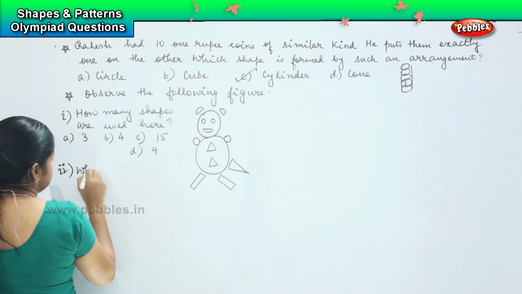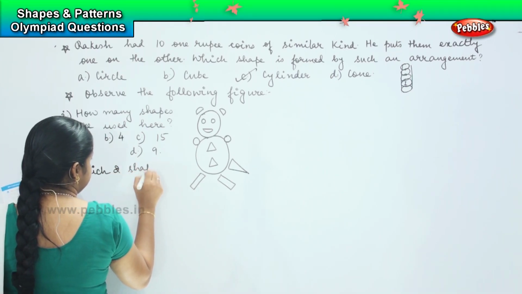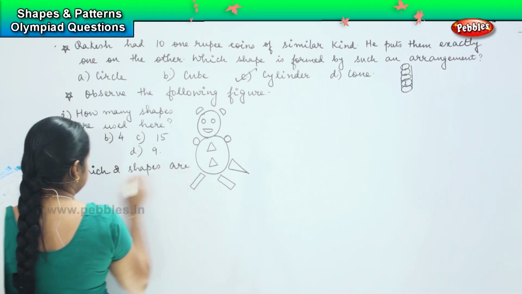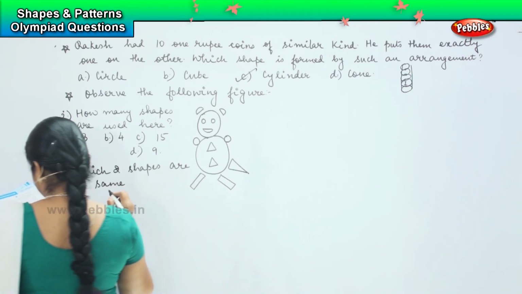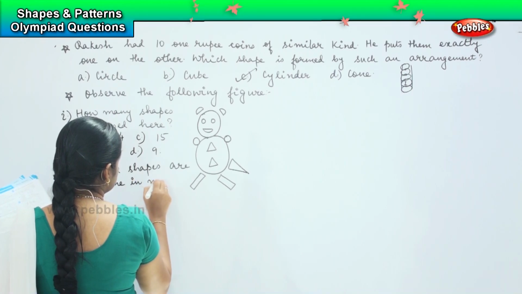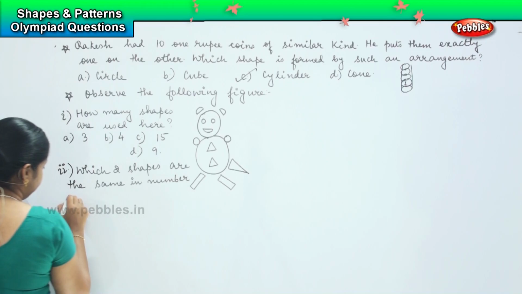Fine. Question number 2 is, which two shapes are the same in number in the given figure?